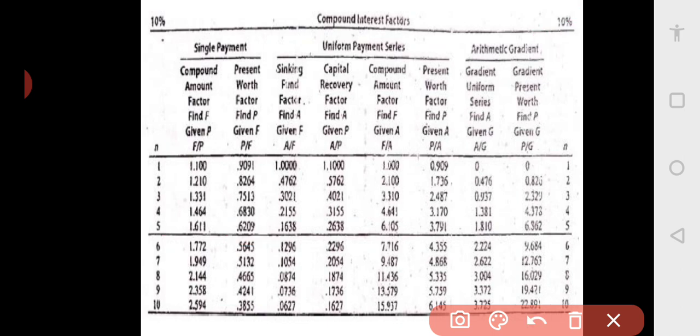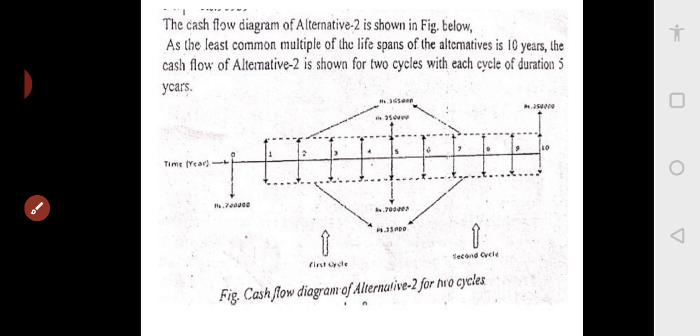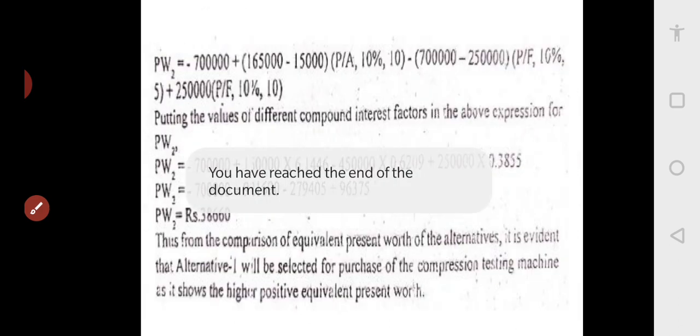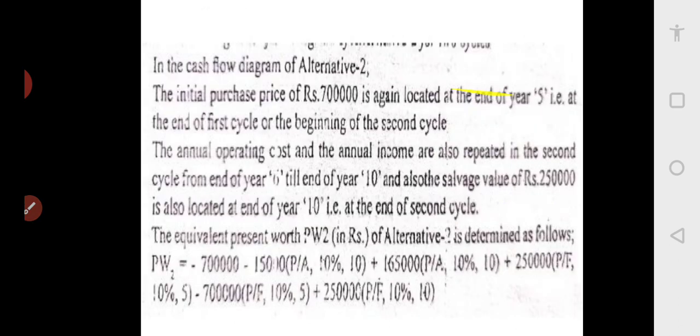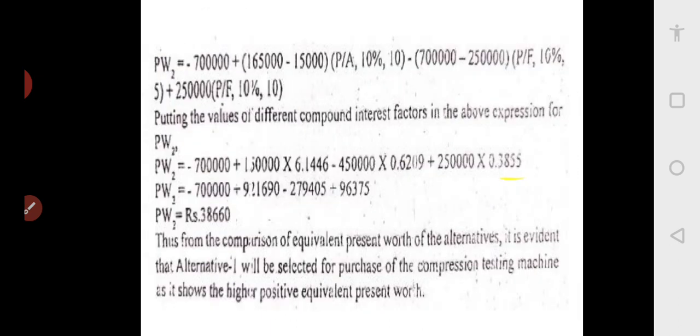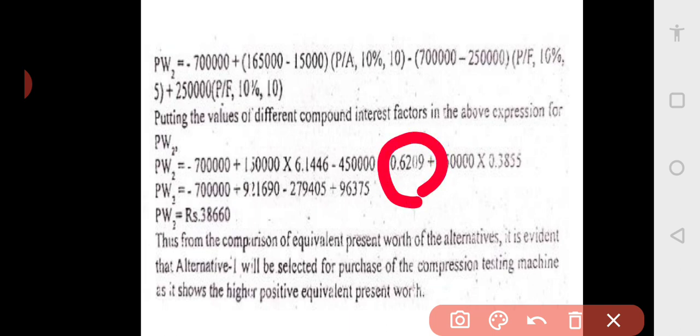We have used it. You can see here 0.6209.